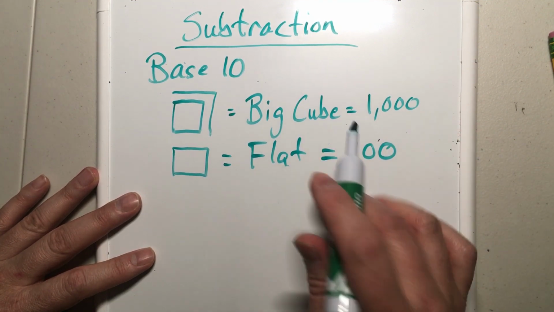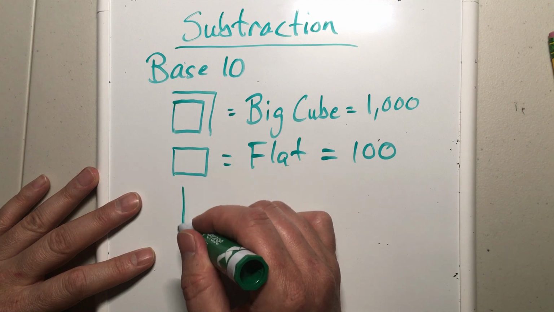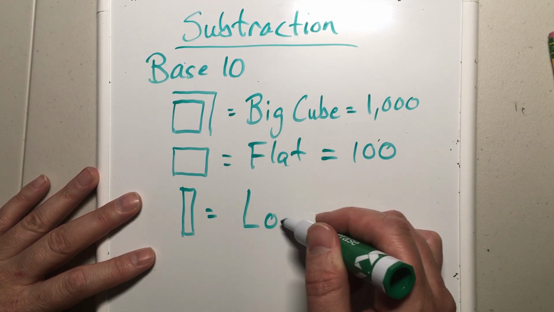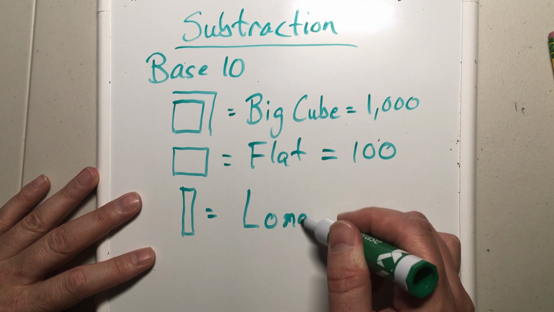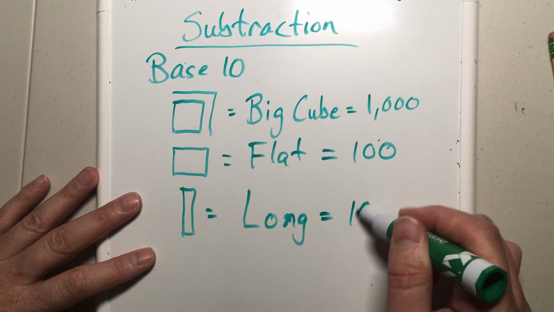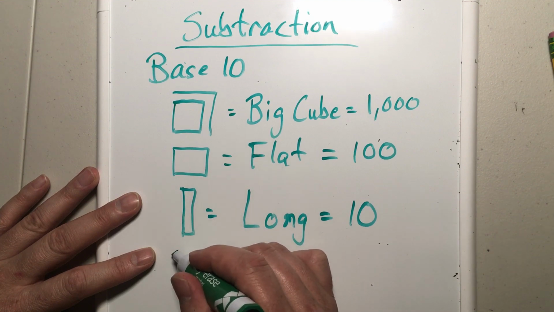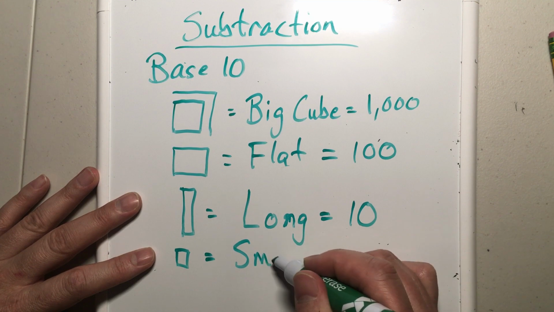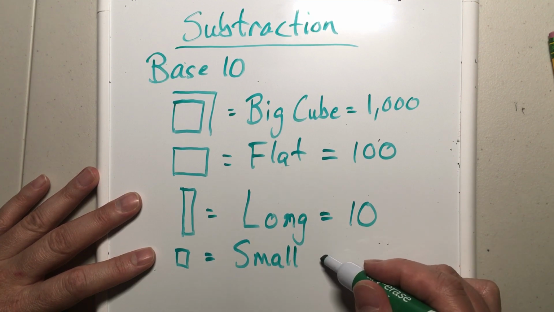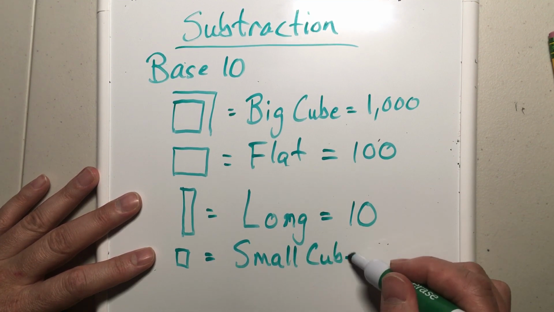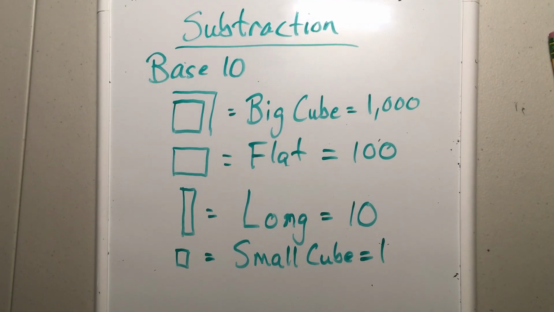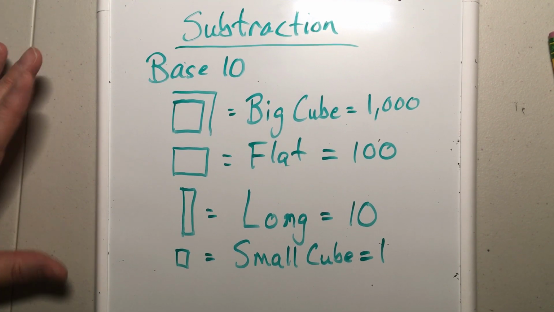And then we have a long, and we know that a long equals 10. And we have a small cube, which equals 1. Take a look at that for a moment.